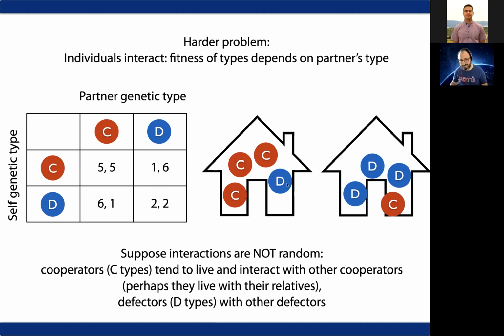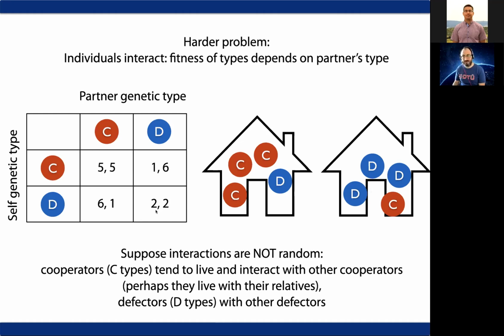But most cooperators live here, therefore most cooperators will interact with other cooperators. Likewise, most defectors will interact with other defectors. That means most cooperators are experiencing this payoff, 5, whereas most defectors are experiencing this payoff, 2.